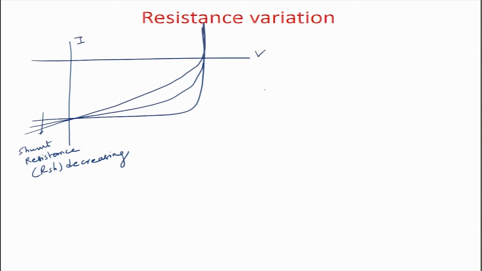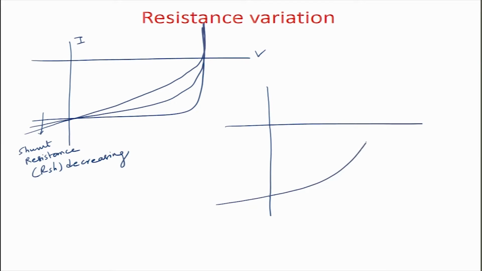Together, what they will do is that generally you will see both series and shunt are not ideal: series is never equal to 0, shunt is never equal to infinity. So, in reality what happens is something like this. This is the ideal one, and the VOC may also change.